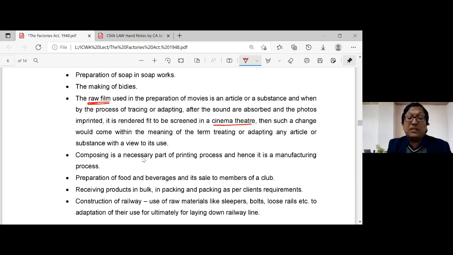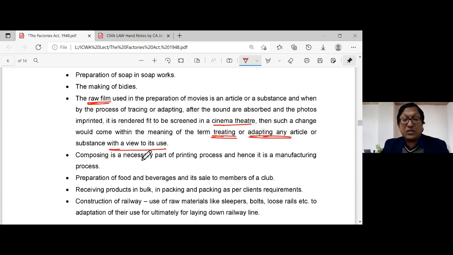That is raw film. Once you add music in that, once you add sound in that, such a change would come within the meaning of the term treating or adapting any article with a view to its use. Okay, so that is a manufacturing process.